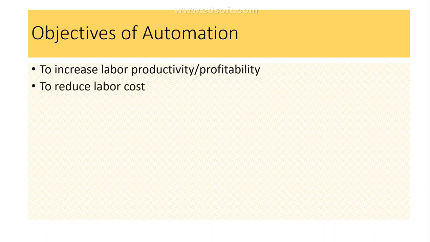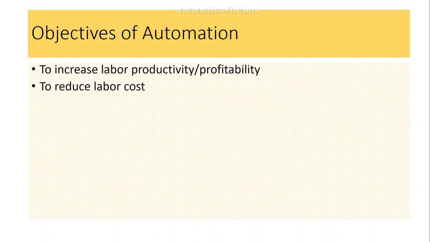Next is to reduce labor cost. The installation of an automation system is a one-time investment for any organization. Yes, agreed, the installation is quite heavy in the initial stage, and maintenance is also there, but labor cost is high compared to automation.